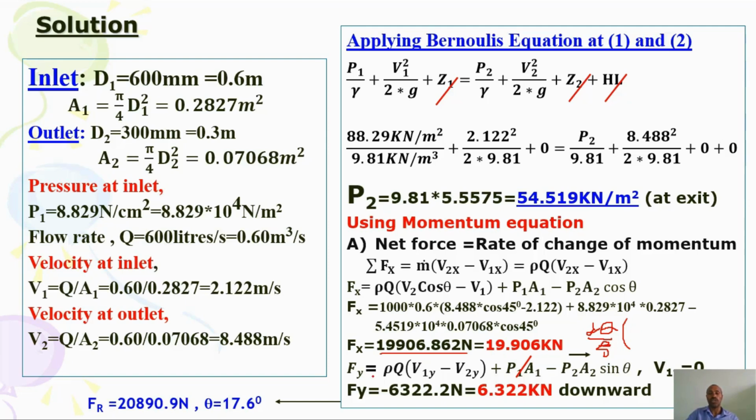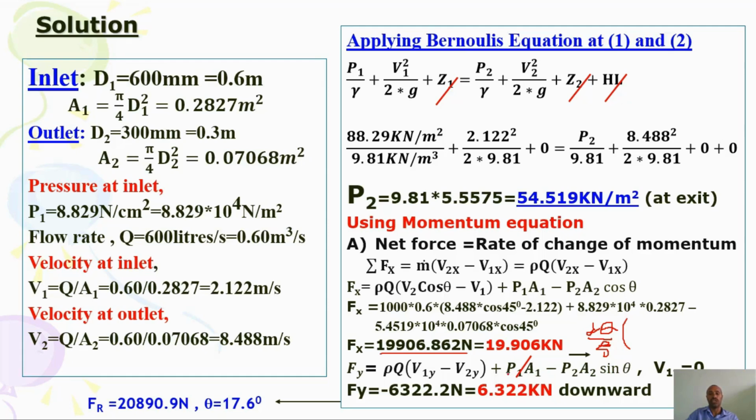And in the y direction, the same: rho Q (V1y minus V2y). But V1y has no vertical component, so it will be 0. Then for the other components, P1 times A1 you have the same, and you can compute P2 A2 sin theta. Similarly, you have sin theta because of the y direction.